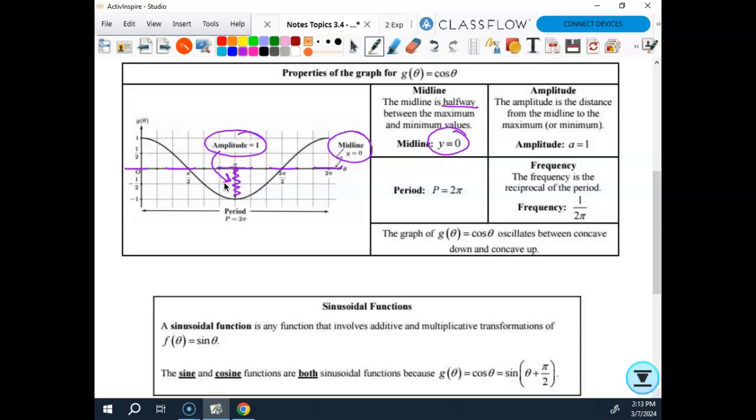It's the distance from the midline to a max or a min, or another way to look at it, remember, is half the distance from the maximum to the minimum, because we might need to look at it that way. And that is your A value when you do your transformations, right? Period, we still went from 0 to 2 pi for one cycle. Frequency is still just the reciprocal. We'll talk again more about what it is later. And again, this one oscillates between concave down to concave up and vice versa.